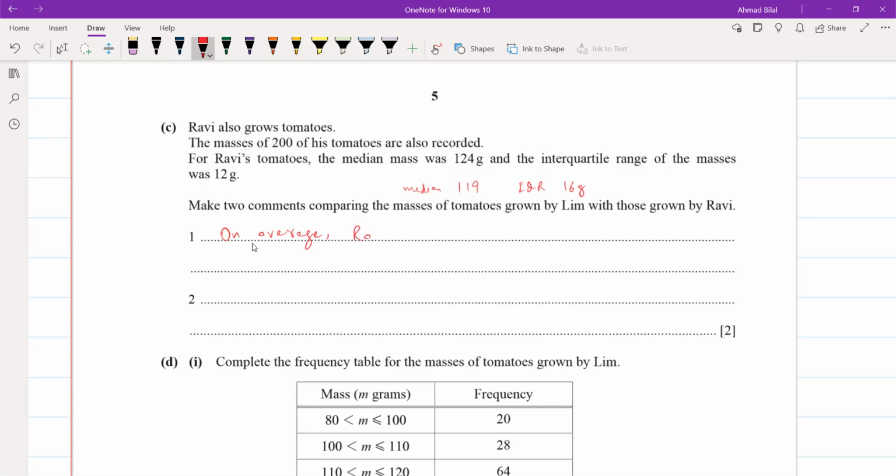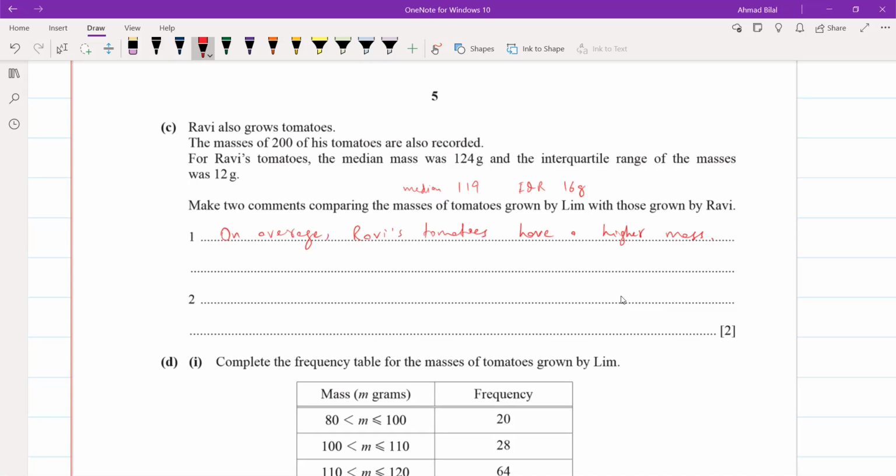So you can say on average Ravi's tomatoes have a higher mass. So that's one comment that we have. ठीक है, Ravi's tomatoes have a higher mass or Lim's tomatoes have a lower mass, you know, anything like that.